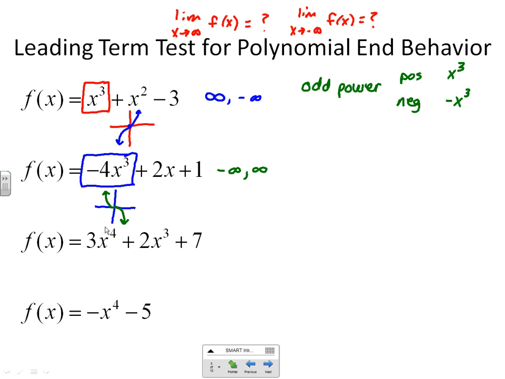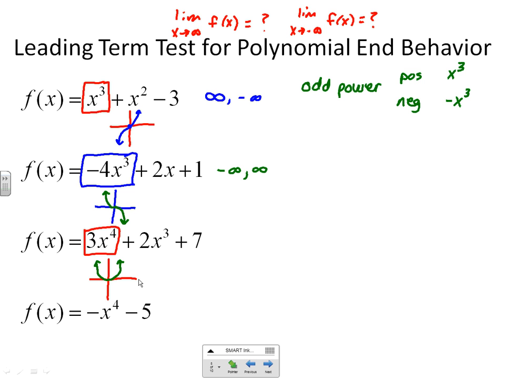Now let's look at what happens if I have an even power. If I have 3x to the 4th for my leading term, that's a positive. X to the 4th is like a parabola in its simplest form, at least it is. So it goes up to the right and it goes up to the left.